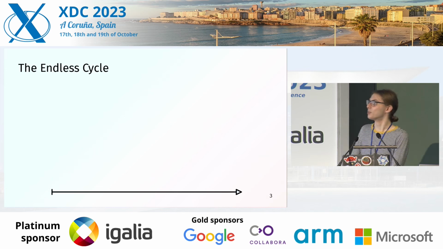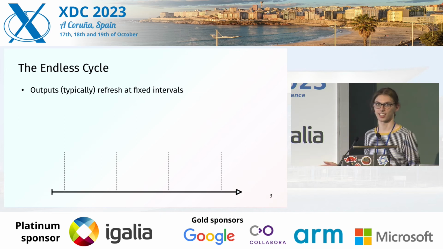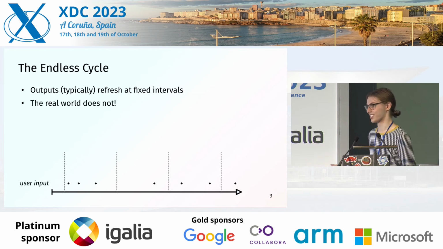So we're going to start out with the situation we find ourselves in, which is the same situation as any graphical application is going to be in, where we have a couple of problems to reconcile. Firstly, the display is usually going to refresh at intervals, say 60 Hertz, and we're not able to influence that. The real world does not refresh at 60 Hertz.